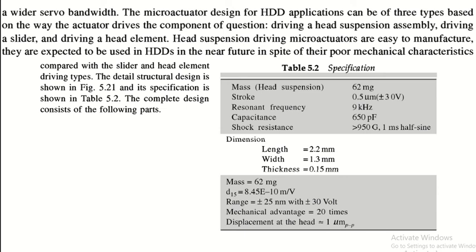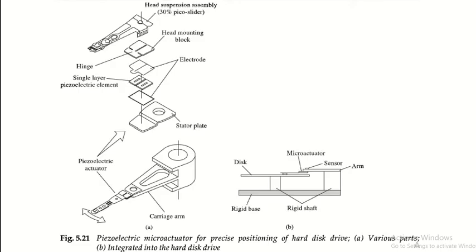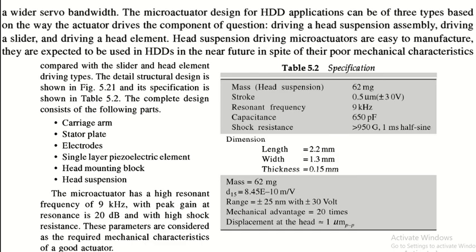So it is to be noted that the head suspension driving micro actuator design is of more use than the other two. The detailed structural design is shown in figure 5.21. I'll come to this figure in the next slide and explain it, but before that, let's go through the specifications.